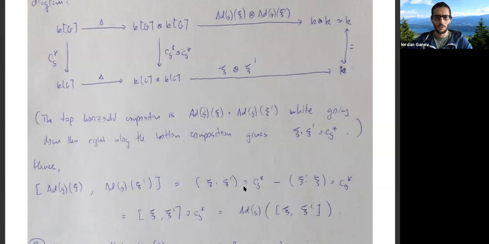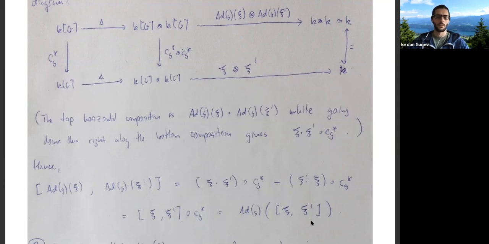Now here we can factor out the CG star, and what we're left with is the commutator of xi and xi prime. Precomposition with CG star is exactly the adjoint action on this element, applied to this element.